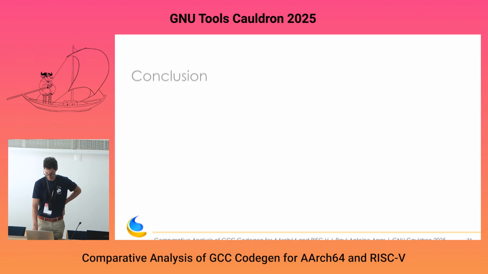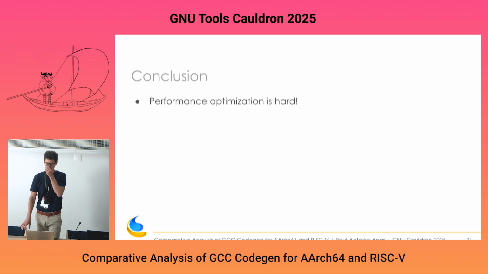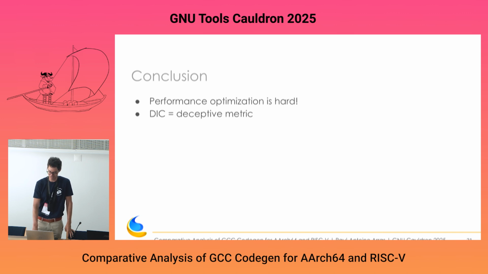Okay, so I think it's time to conclude. Breaking news, performance optimization is hard, but performance measurement is hard as well in the first place, so that doesn't help. And when you have a deceptive metric like the dynamic instruction count that very often gets contradicted by actual hardware performance, that doesn't help.